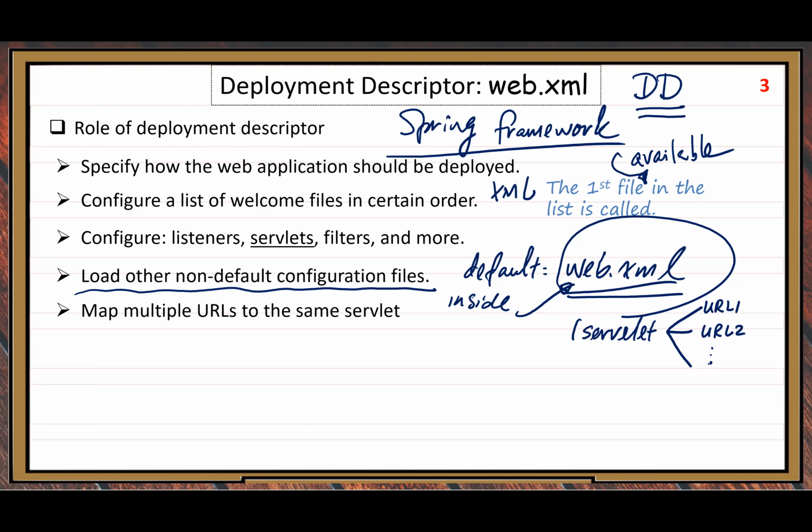Why is that? Let me explain a little bit. The reason is pretty simple. Each URL pattern usually corresponds to one business purpose. One business purpose, all right? But your servlet could provide tasks for multiple business purposes.